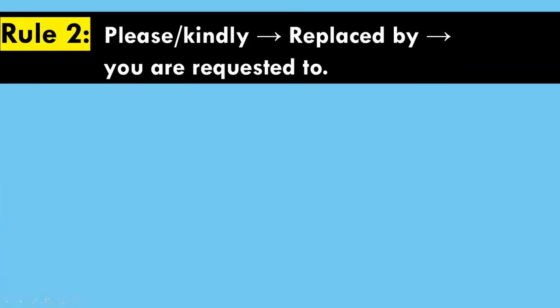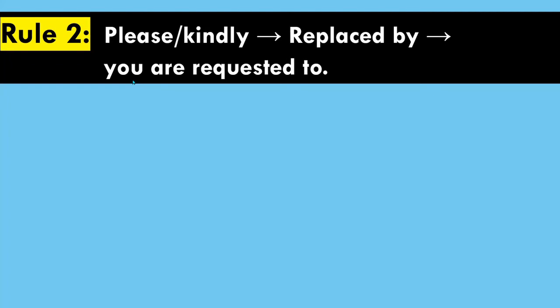Next rule: if please or kindly is given, you have to replace it with "you are requested to," and the meaning remains the same. We are adding a subject, and the subject will always be you. We don't know who is there, but whoever is in front of us, we are addressing that person. So this is second person. In imperative sentences, it is always understood, though not written, that the subject is always you.